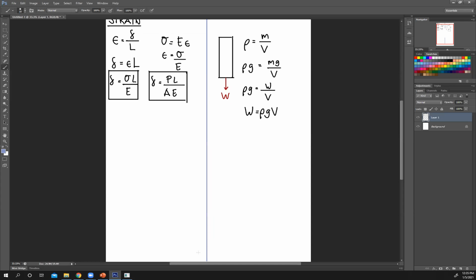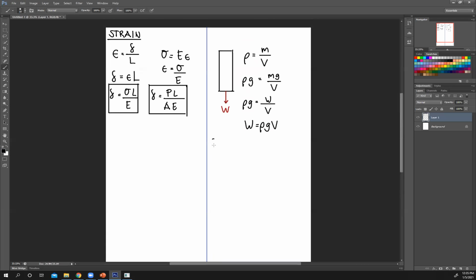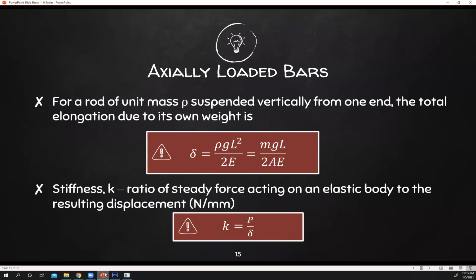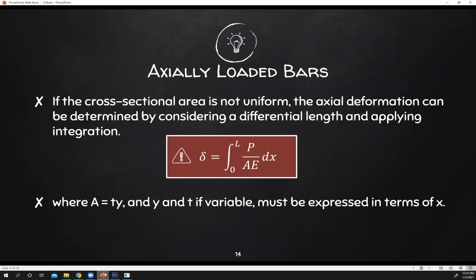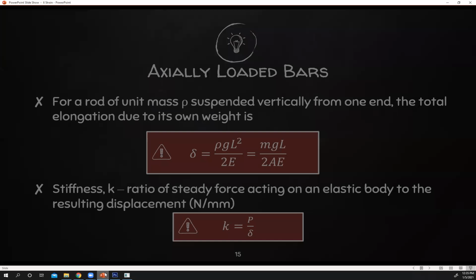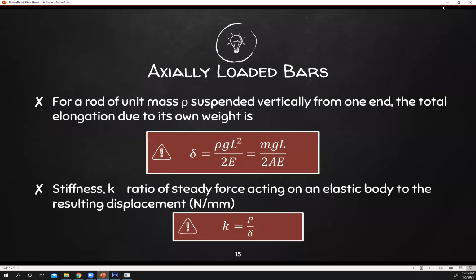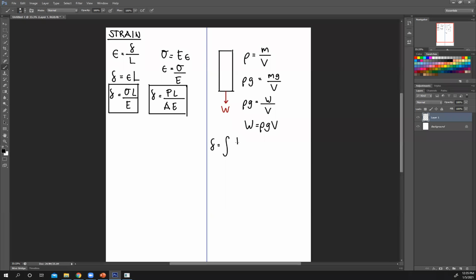Now that I have that, again, what I'm looking for is deformation. Since I don't know the equation for deformation yet, of all the equations for deformation, you can use this. Even though it's uniform, this equation is still applicable: the integral of P over AE dx from 0 to L. Next, what's P?